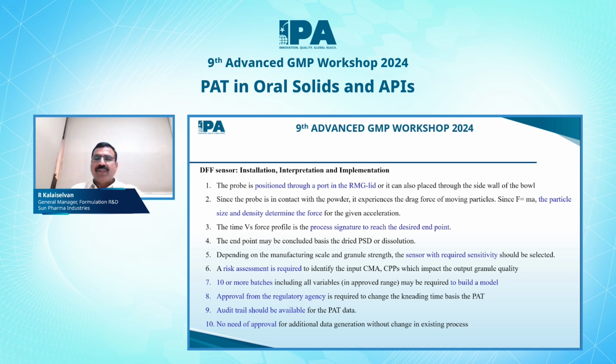Then audit trials should be available for inspection or audit. There is no need for approval from the regulatory agency for additional data generation, only for implementing flexible fluid uptake and flexible kneading time. Once we get approval, we can change the kneading time every batch according to the raw material moisture or particle size. That is the beauty of this pattern. Next slide.